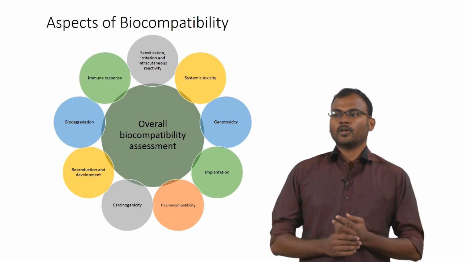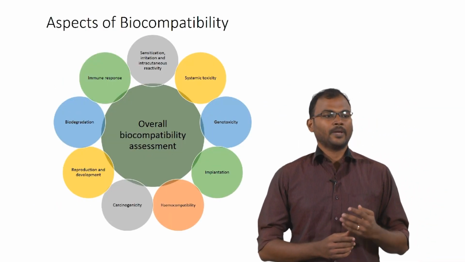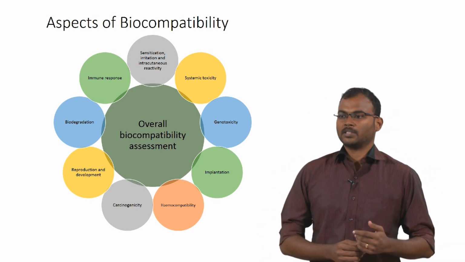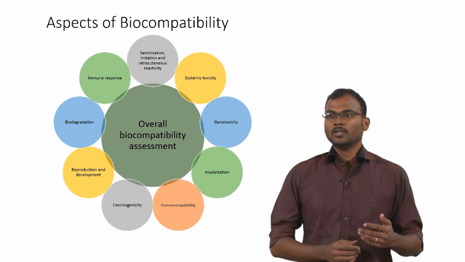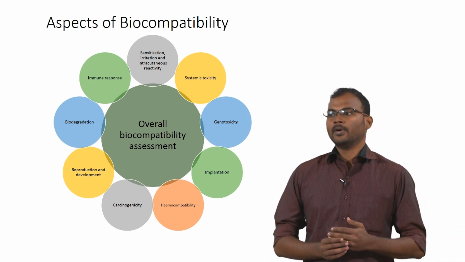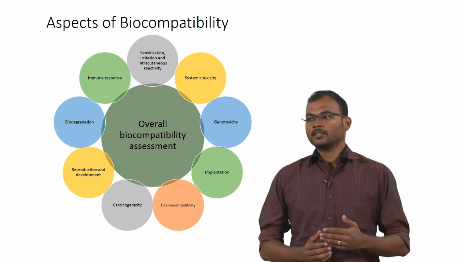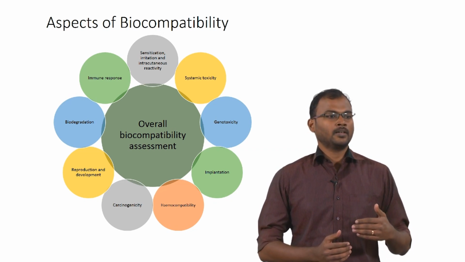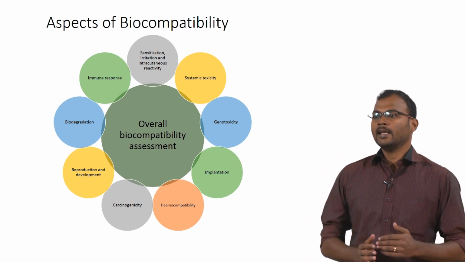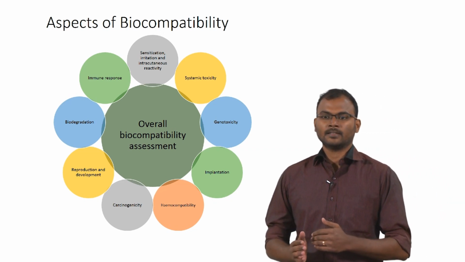Coming to the aspects you have to look for in a material to be biocompatible, there are a lot of aspects, again based on application. Whatever surface property and bulk property you have analyzed or characterized until now can be changed based on the results you are getting. But biocompatibility is entirely dependent on how the material is interacting with the cells.